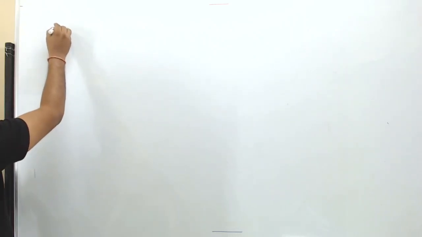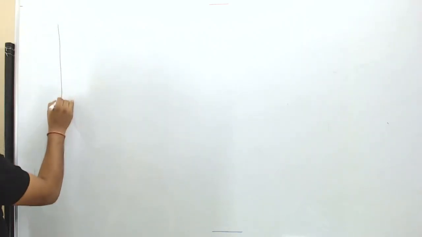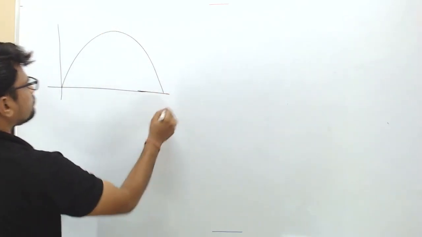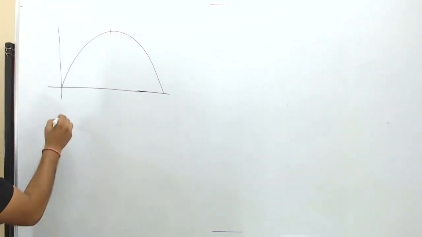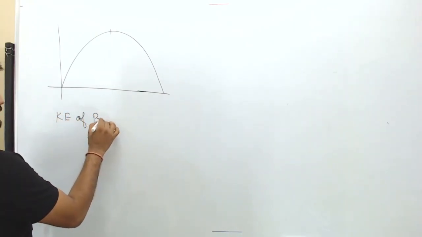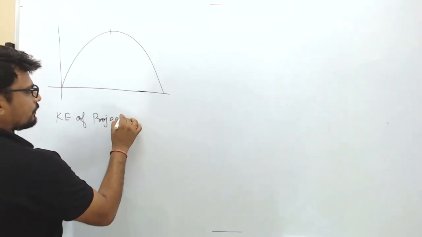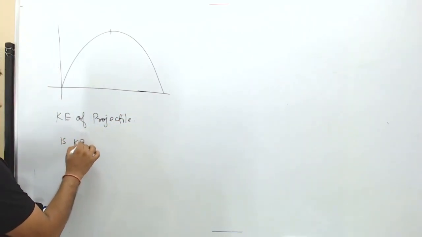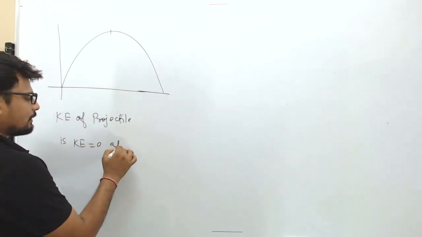Okay. So what I was saying is that when you throw the object like this, it goes up and comes back. If I talk about the kinetic energy of the projectile, a simple question to you: is kinetic energy 0 at maximum height?